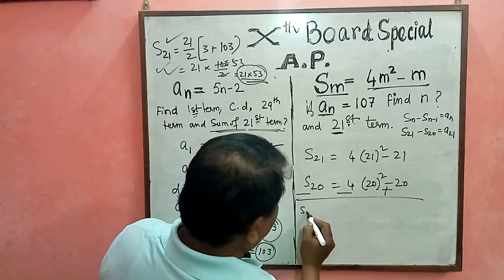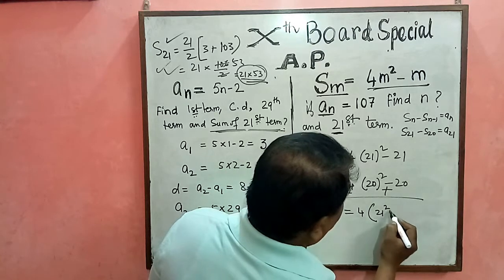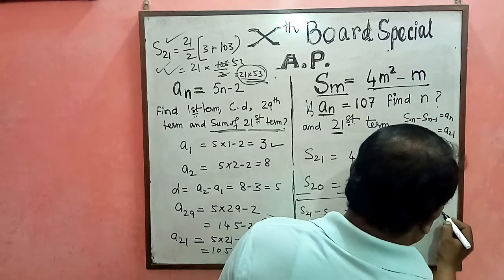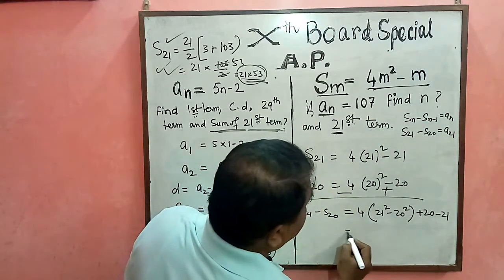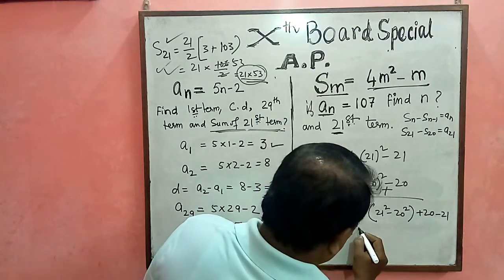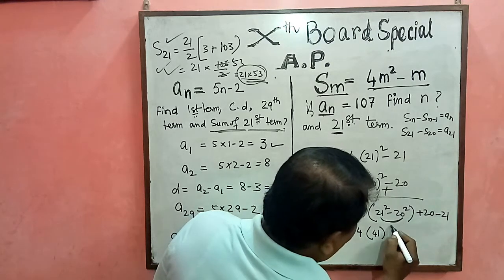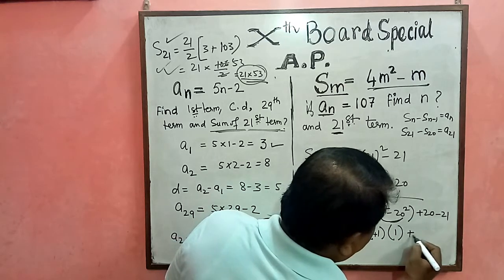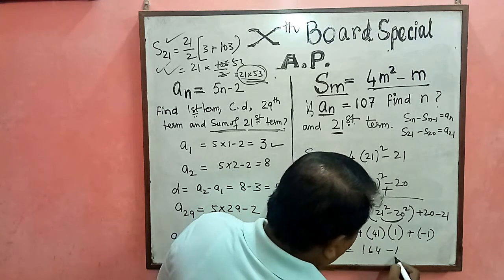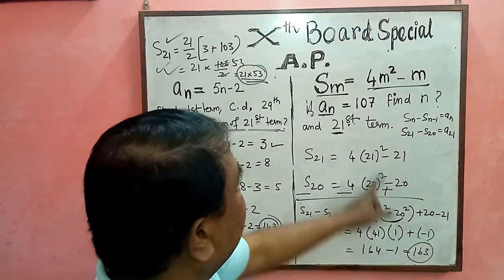So S21 minus S20 is equal to 4 common, 21 square minus 20 square, plus 20 minus 21. So this is 4 into (a square minus b square), this is (a plus b)(a minus b). 21 minus 20 is 1, 21 plus 20 is 41, and plus 20 minus 21 is minus 1. So this is 4 into 41 minus 1, which is 4 into 40, 160... 163 is the 21st term of this AP.